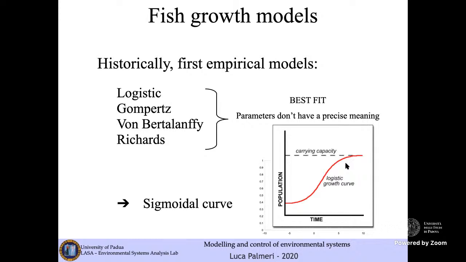There are other flavors of the logistic growth model, like the Gompertz, von Bertalanffy, and Richards models, which we will discuss or shortly introduce today.